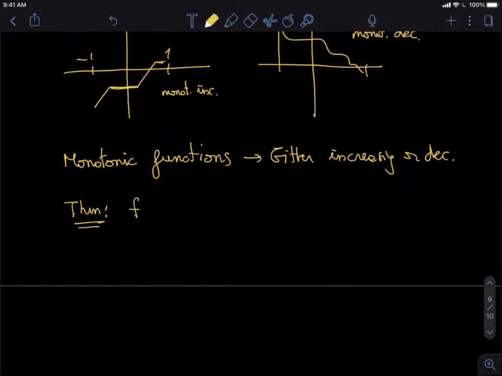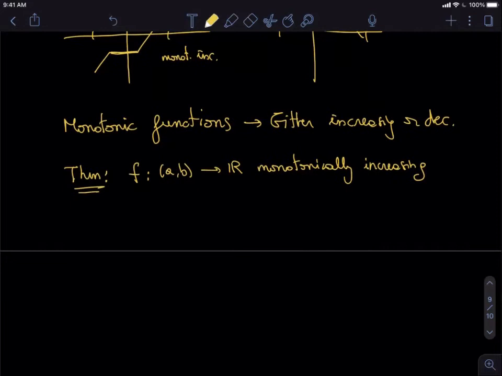So let's say that f is monotonically increasing. That's a hypothesis.